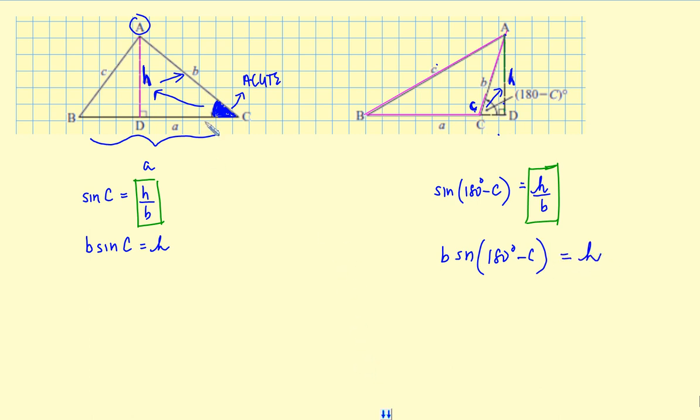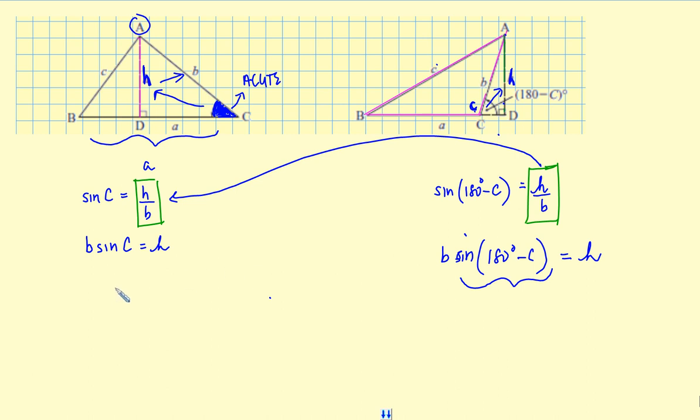Now, because the areas of the triangle have to be equal to each other, rather the heights of the triangles have to be the same. Since sine of 180 minus C is giving me the same value as here, it's h over b here and h over b there, then why not just say that the height is equal to b sine C?